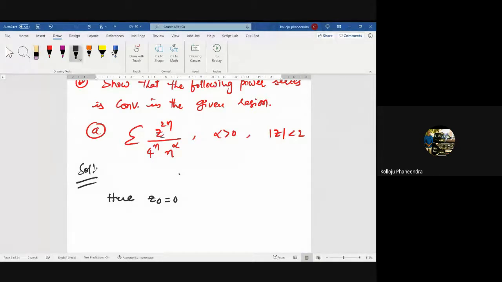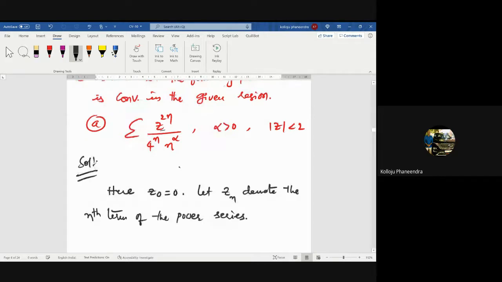Here Z naught equal to 0. And let Zn denote the nth term of the power series.